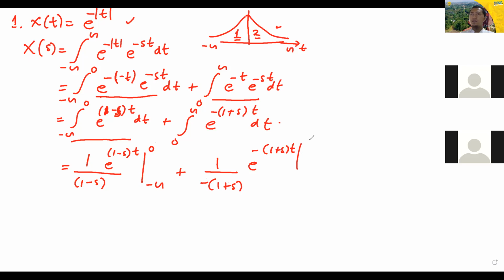This is 0. So the result at this point becomes 1 minus s plus 1 plus s.